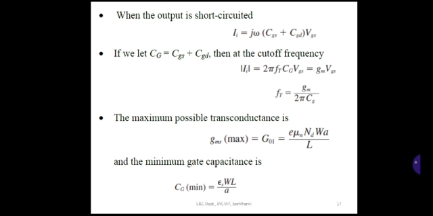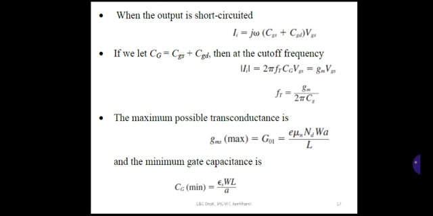Now when the output is short circuited, the input current Ii is equal to j omega into (CGS plus CGD) into VGS. This is equation number 1.